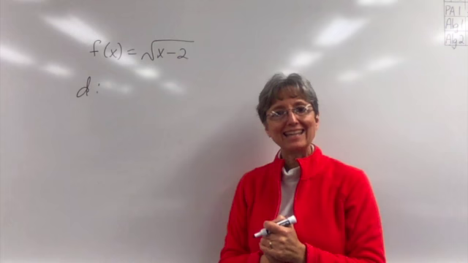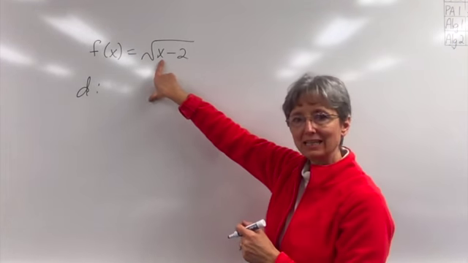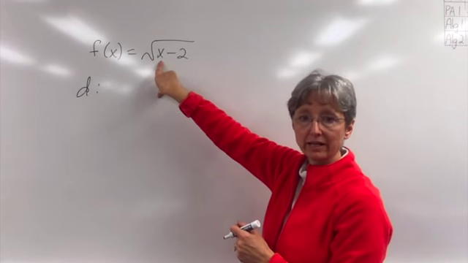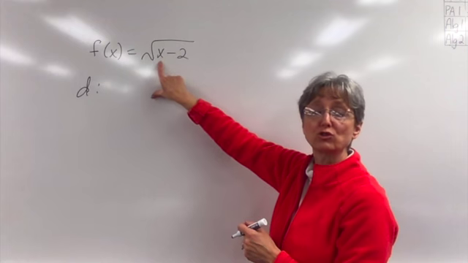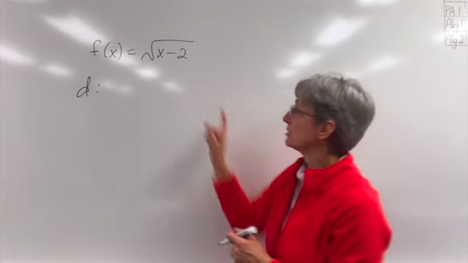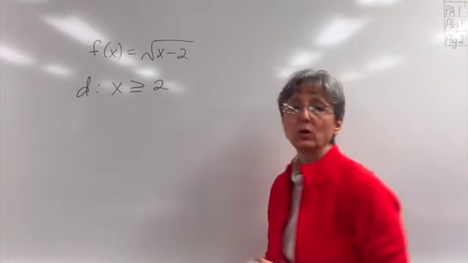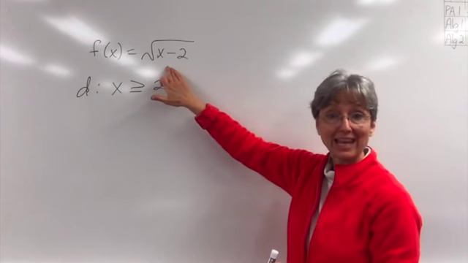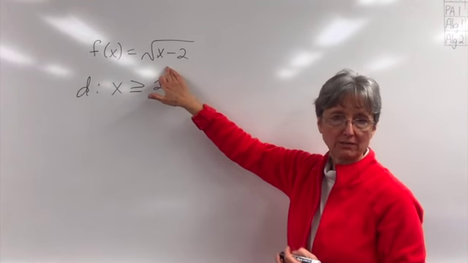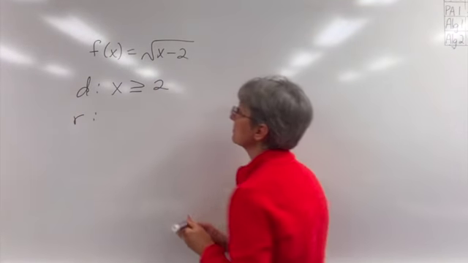So the smallest my x can be is 2, because 2 minus 2 is 0. So my domain, my x's, have to be greater than or equal to 2 in order for this radical, my radicand, to remain non-negative.